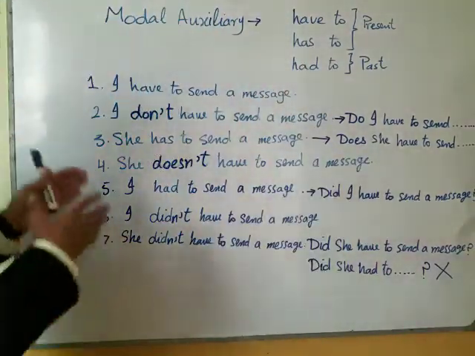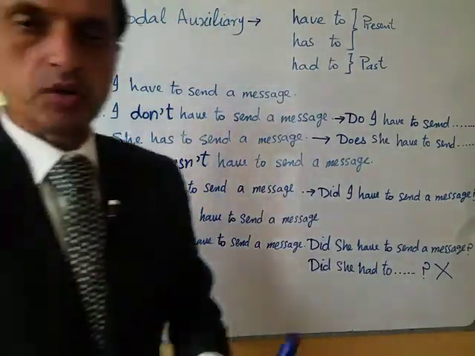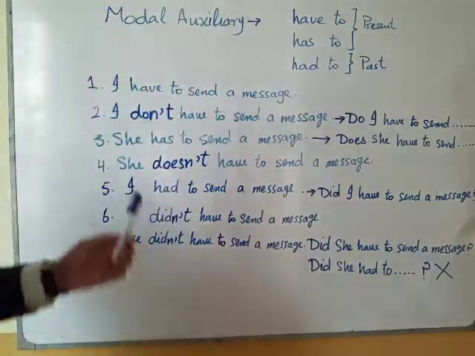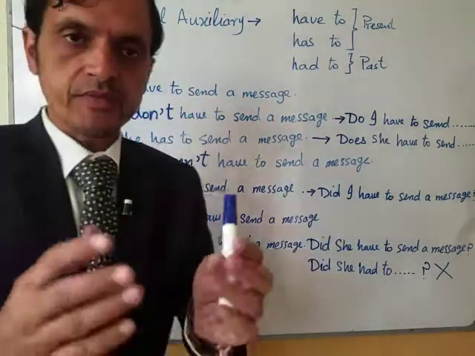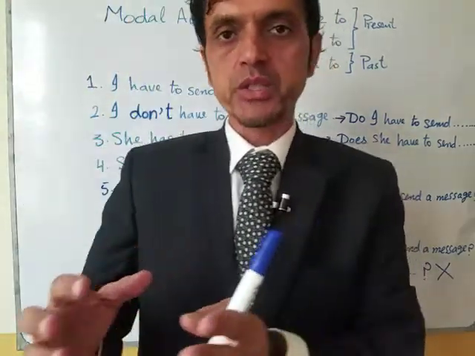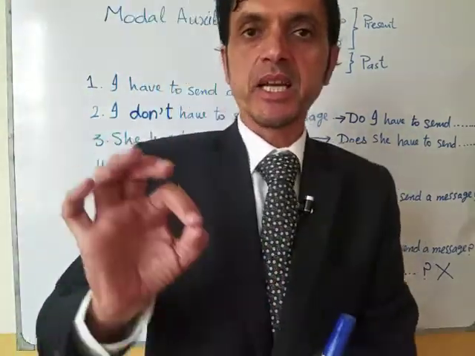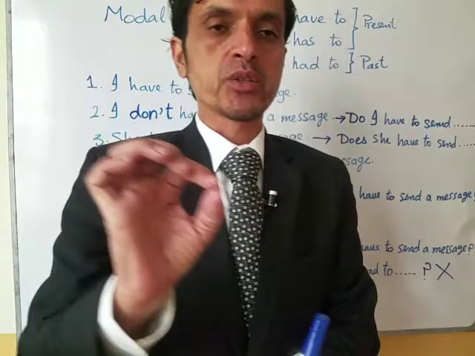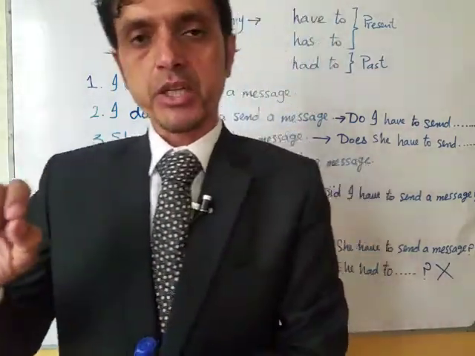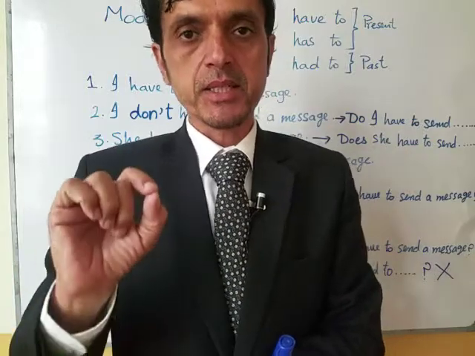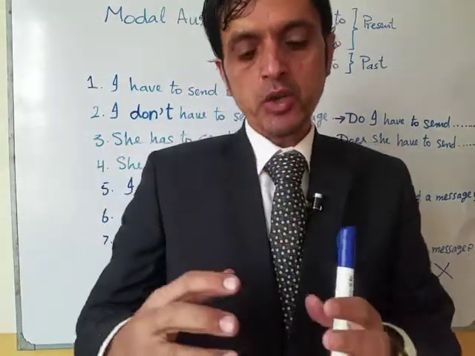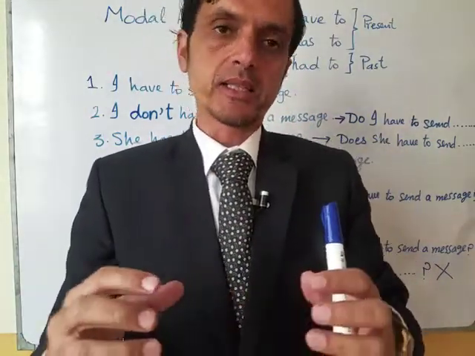Okay, now look at these sentences so the picture will be clear. I have to send a message. So it means that this is my responsibility to send a message. This is my duty to send a message and I must send a message. So these meanings are the same.